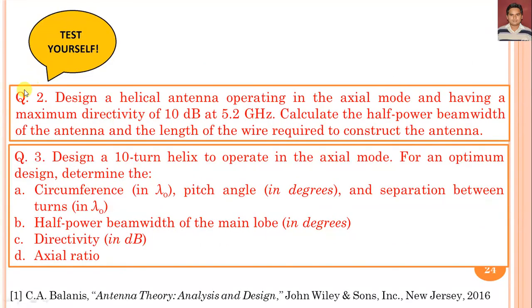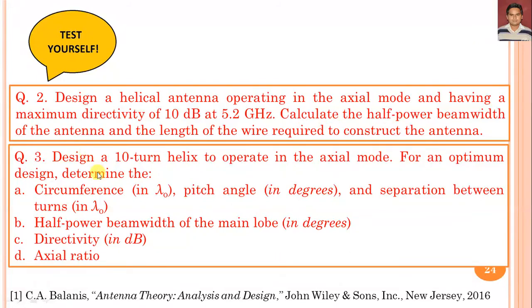These two problems are given to test yourself. Question 2 is very similar to the problem solved in this lecture, but it is operating at 5.2 gigahertz and has a maximum directivity of 10 dB. In that case, we need to calculate the following parameters.